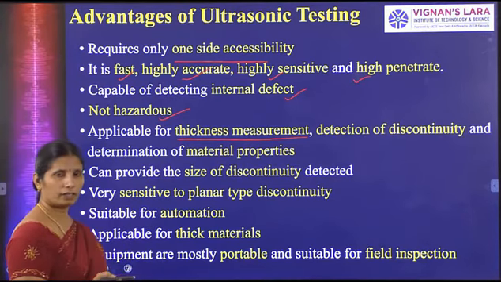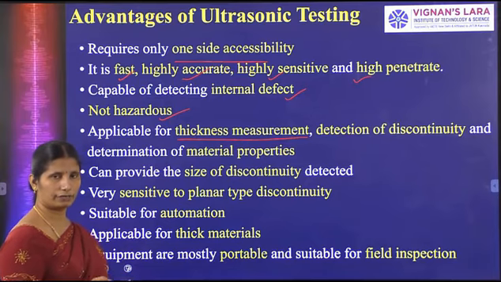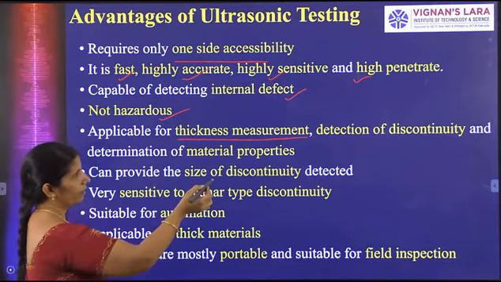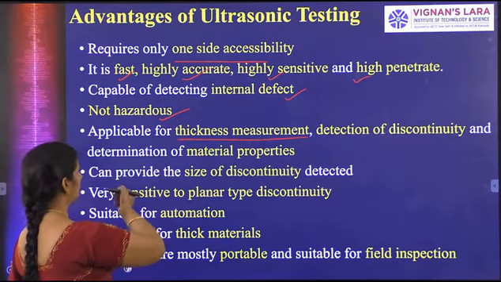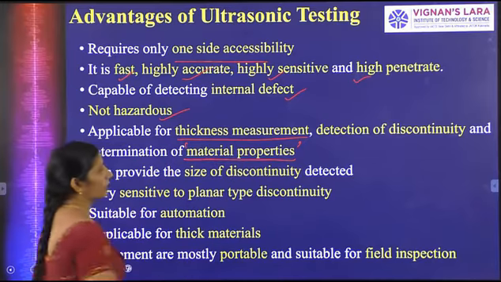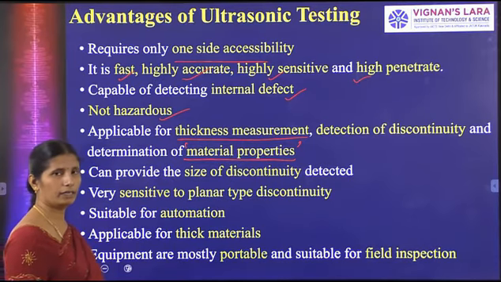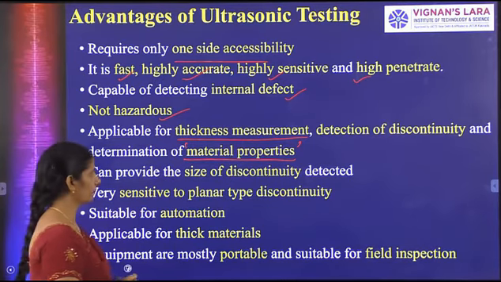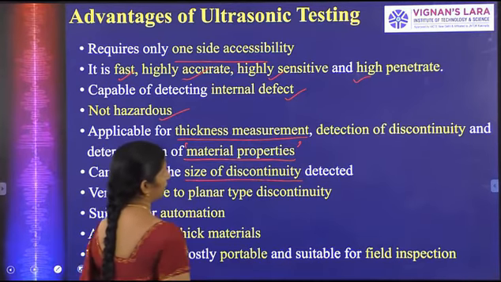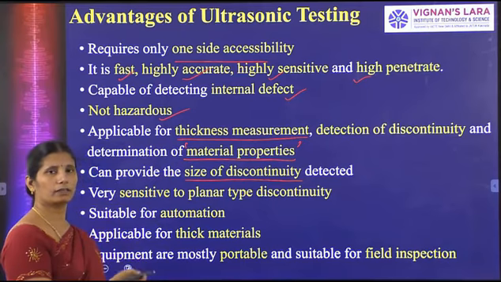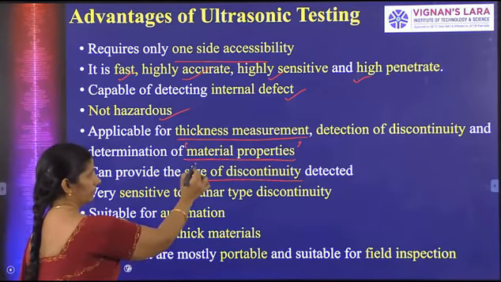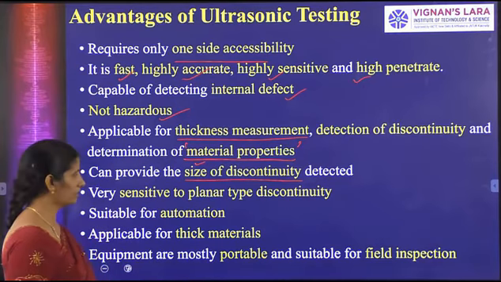If there are any flaws or discontinuities inside that material, they can be detected, and the properties of the materials can be determined using ultrasonic testing. They can provide the size of that discontinuity. Not only detecting the discontinuity, we can find out its size also using this method.